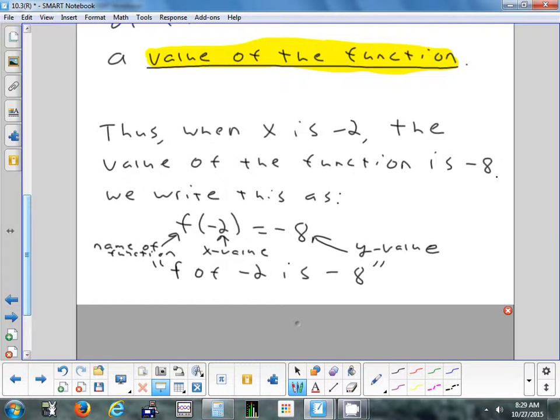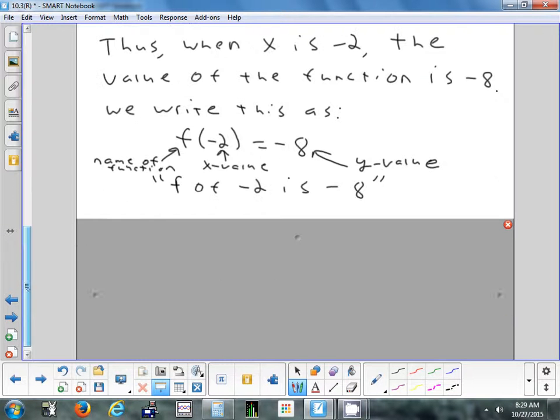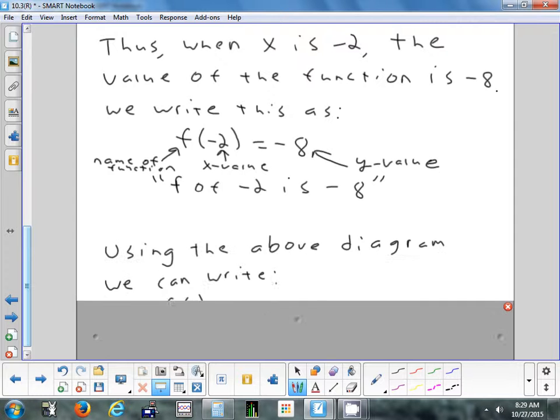F of -2 is -8. Okay, has anybody seen that notation before? F and then in parentheses put a number and then equals another number? Couple people? All right, so yeah, it's probably maybe new, but we'll get used to it. Try a few examples.